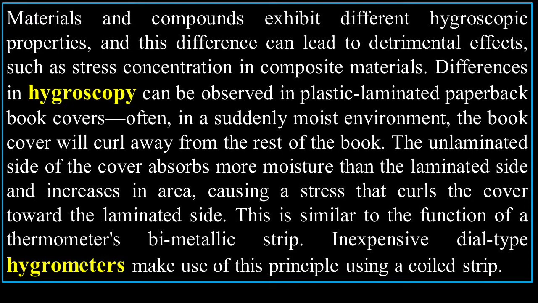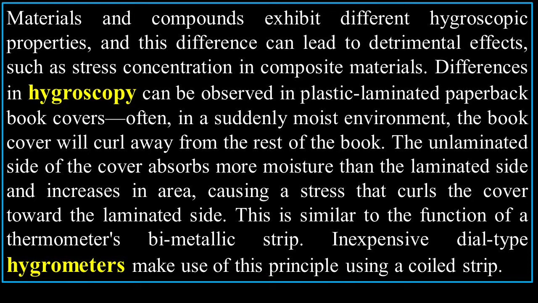Materials and compounds exhibit different hygroscopic properties, and this difference can lead to detrimental effects such as stress concentration in composite materials. Differences in hygroscopy can be observed in plastic laminated paperback book covers. Often, in a sudden moist environment, the book cover will curl away from the rest of the book.